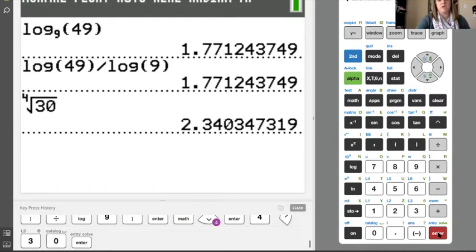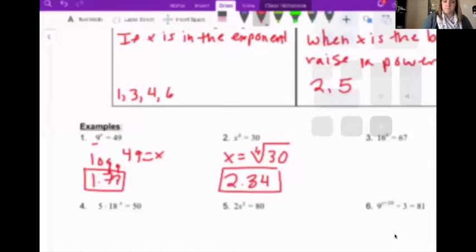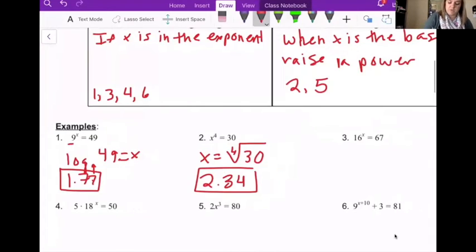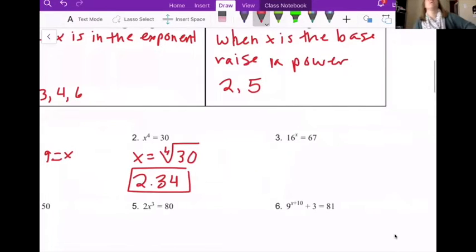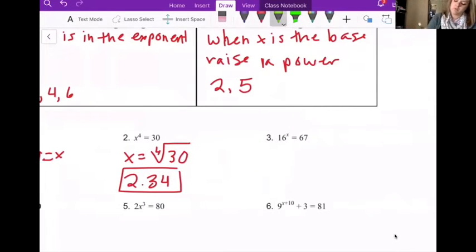And so then doing these other ones a little bit quicker. Hopefully my screen cooperates. So then we first want to switch this from exponential to a logarithm, and so this would be log base 16 of 67 equals x.